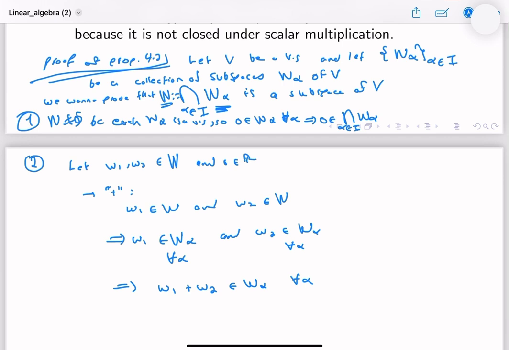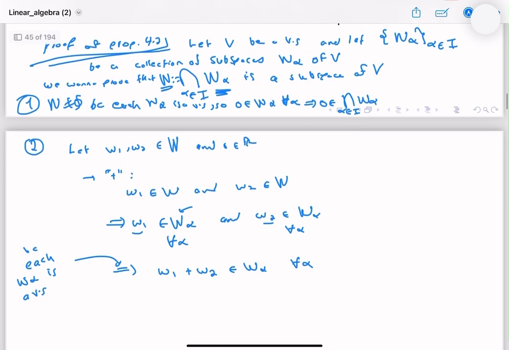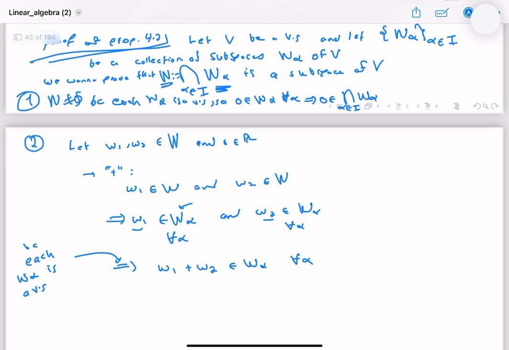And why is that? Let me stress here, why is that? So omega 1 is in W alpha for every alpha, and omega 2 is in W alpha for every alpha. This is because each W alpha is a vector space, because each W alpha is a subspace. Since each W alpha is a subspace, hence it's a vector space, and thus it's closed under addition.